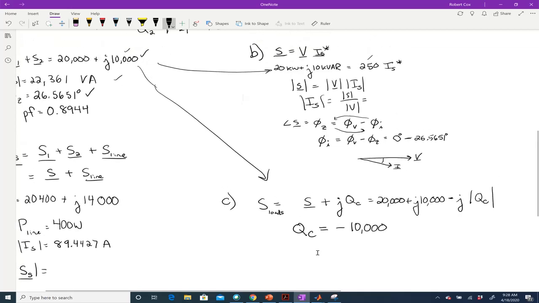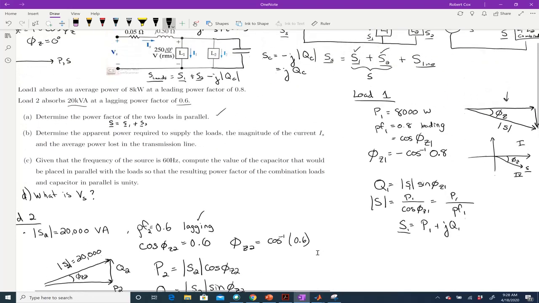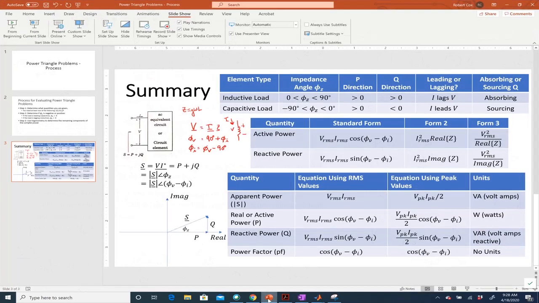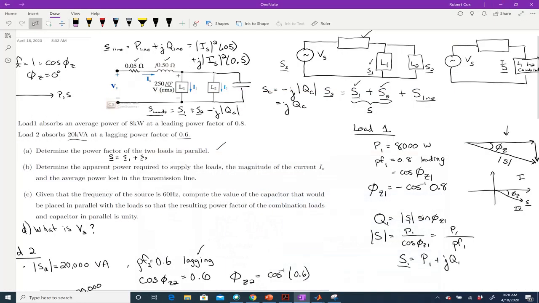Okay. So there's two ways to approach this. In this case, because I'm placing it in parallel, right? I don't know what current needs to go through this capacitor, but I certainly know the voltage across it because it's in parallel with these loads. That voltage in this case is 250. So looking at my summary of things, if I know the voltage across an impedance, I can do V squared over the impedance. Because I'm talking about reactive power, it's volts squared divided by the imaginary part of the impedance.